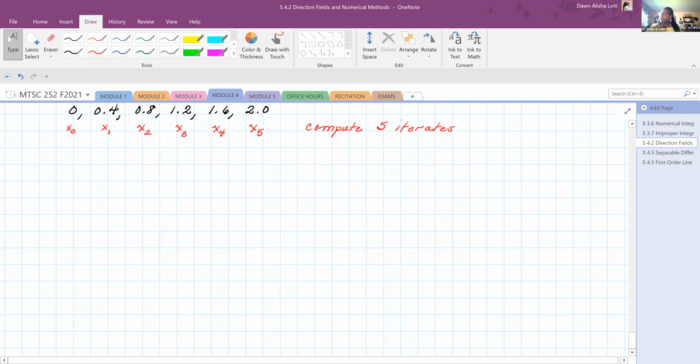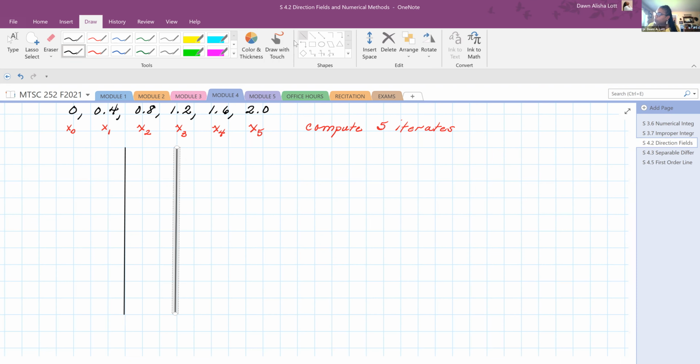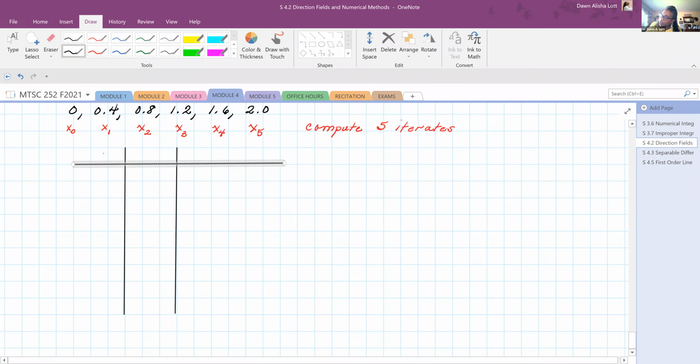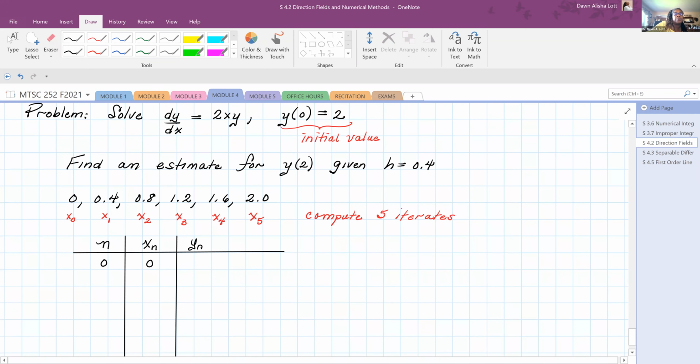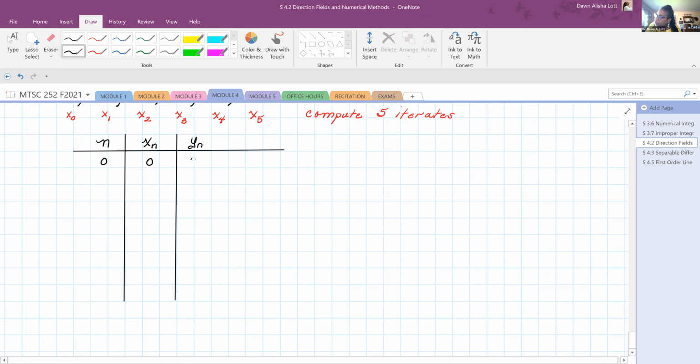So I'm going to do the same thing I did before. I'm going to draw a chart. So here's n, here's xn, and here's yn. So I know x0 is 0 and y at 0 is 2. So that's the value.